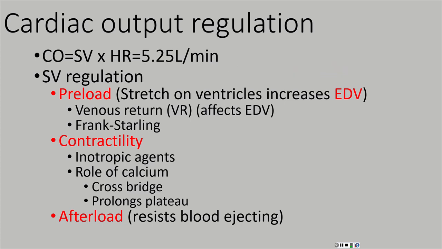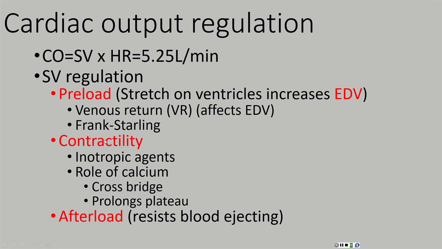We will look at some other ways to regulate preload and venous return in a coming lecture. That was just to kind of dip our toes into it and see exactly what preload and stroke volume are. Another way to regulate stroke volume is contractility.